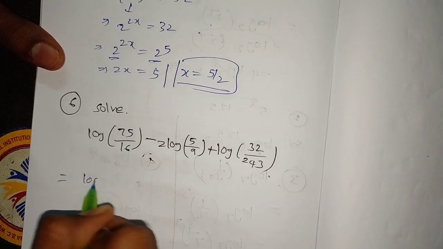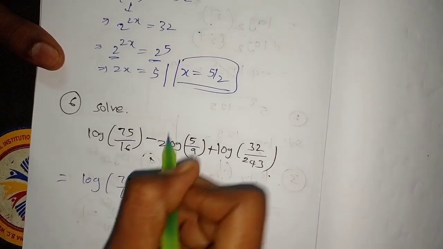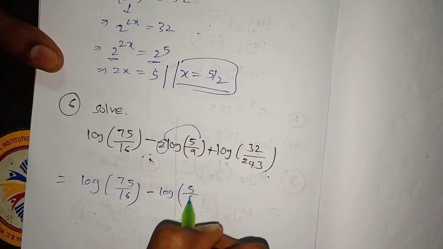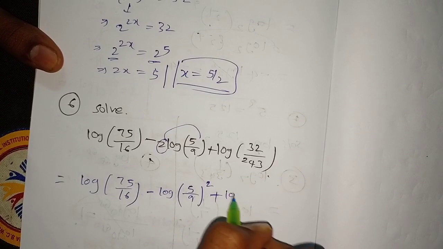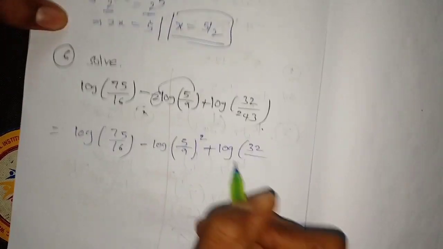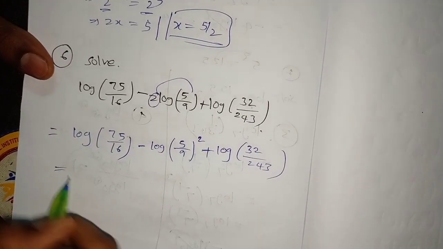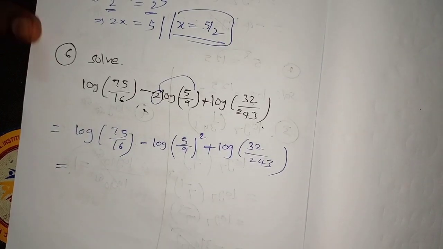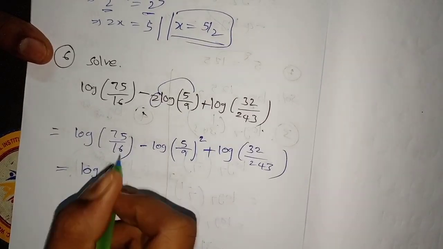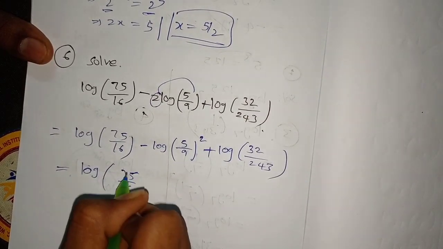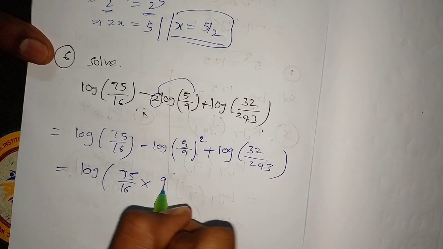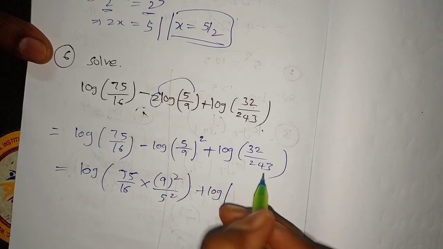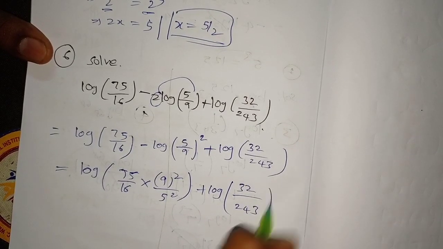So guys, this 2 will go to the power, that is log 5 by 9 whole square plus log 32 by 243. So guys, this is subtraction. What will happen? This is nothing but division, that is 75 by 16 will be written as 9 square by 5 square plus log of 32 by 243.